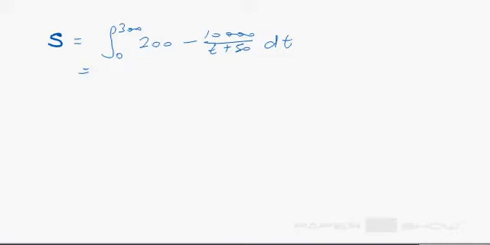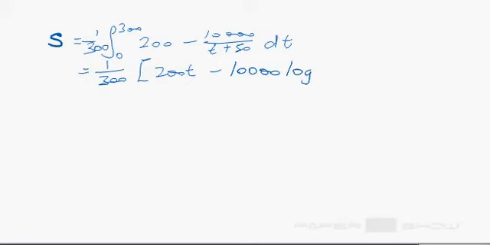This equals 1 on 300. Now, 200 just becomes 200t when you integrate, and for 10,000 over t plus 50, you know what to do with 1 on t plus 50.